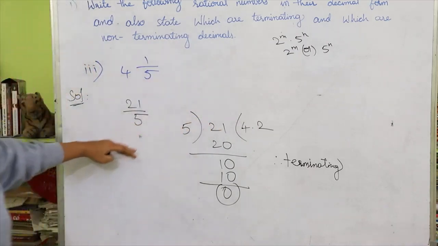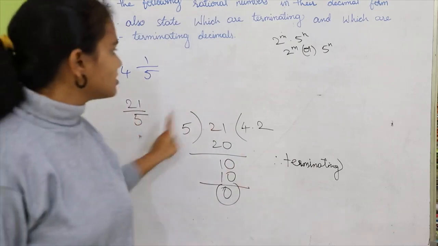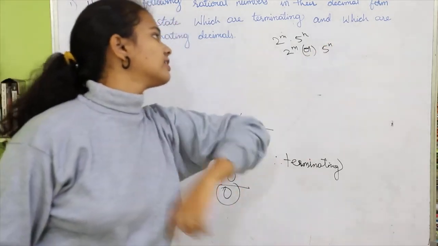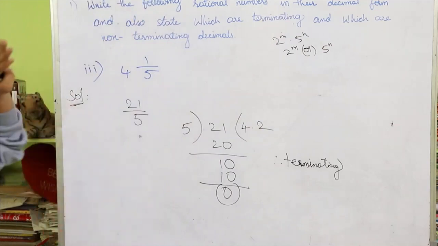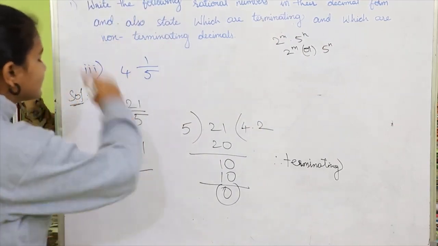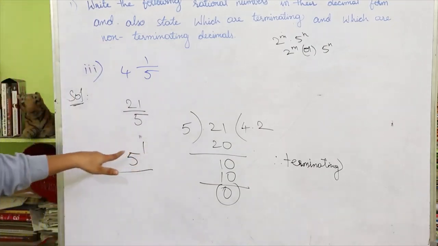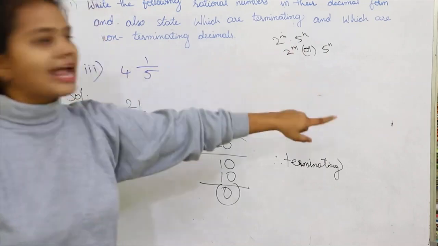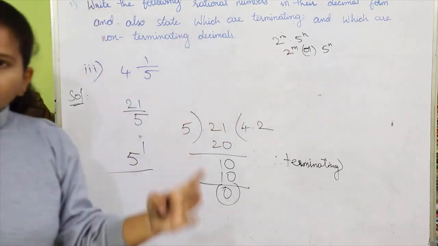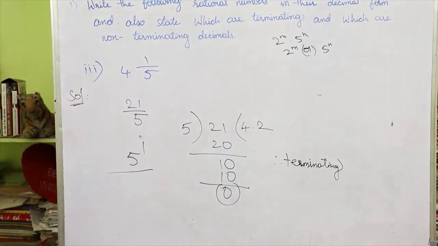We must only consider the denominator. Now here the denominator is in the form of 5 power n, then it is also a terminating decimal. So here you have 5, which is nothing but 5 power 1. Instead of n, we have placed 1, right? So then it definitely would become a terminating decimal.